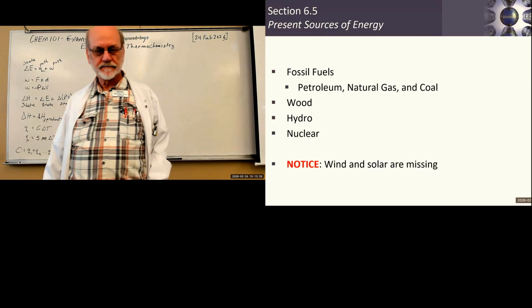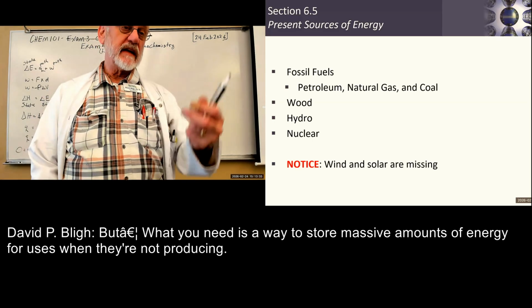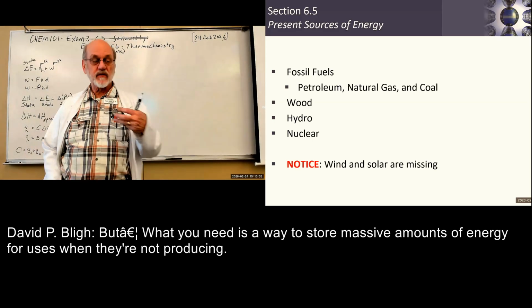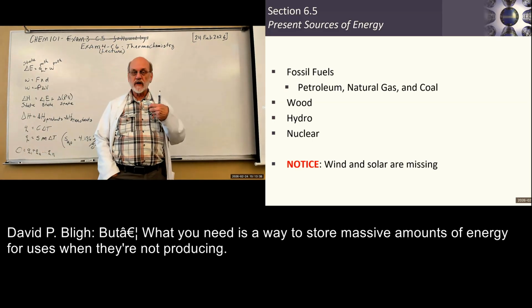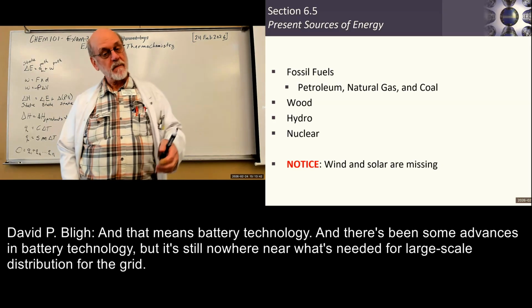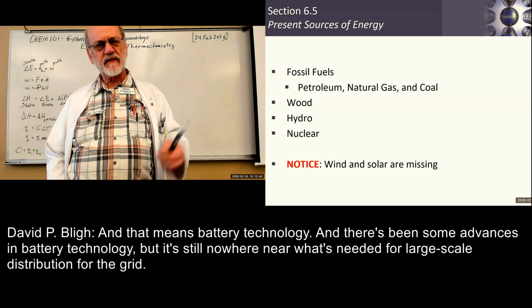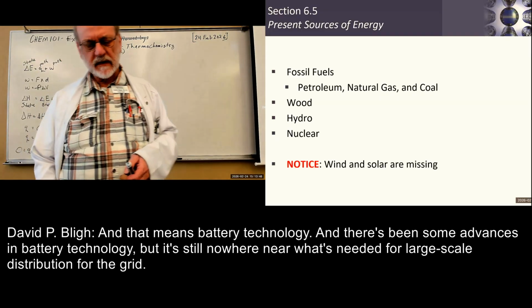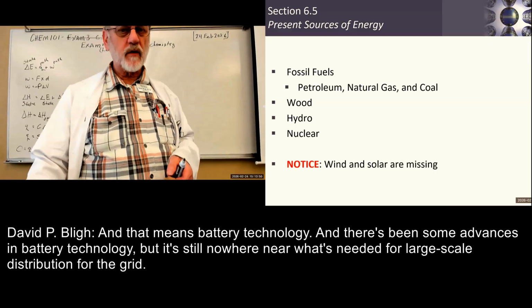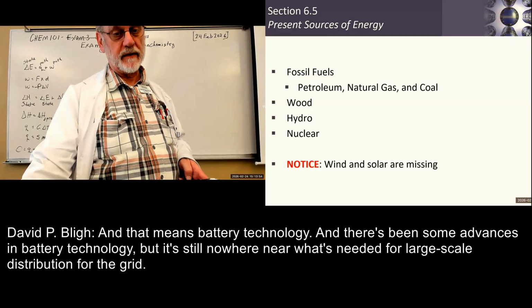It works. But what you need is a way to store massive amounts of energy for uses when they're not producing. Okay? And that means battery technology. And there's been some advances in battery technology, but it's still nowhere near what's needed for large-scale distribution for the grid.